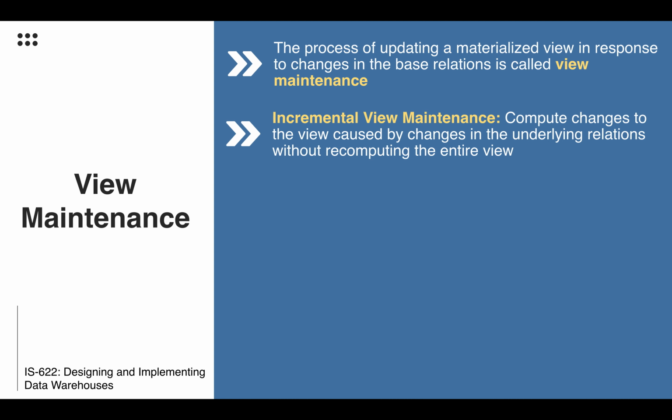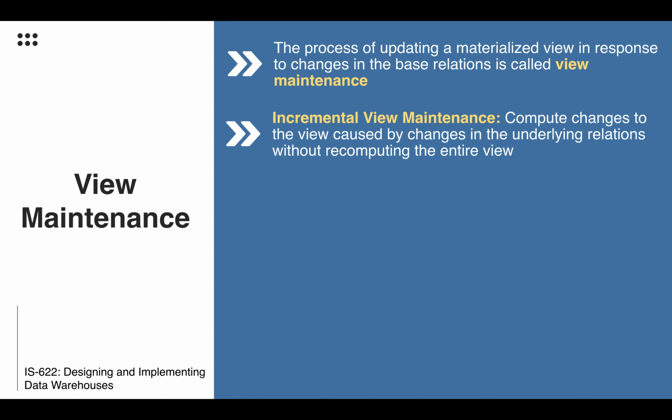Incremental maintenance means you just compute the changes, and then you store them and join the changes with the actual view. You will see later on that these are called delta tables. I'll probably fix this slide so that incremental view maintenance says you compute changes to the view.